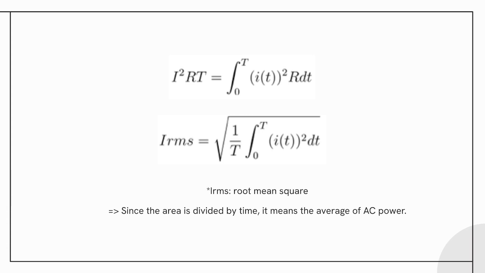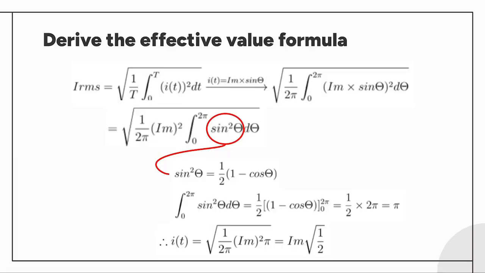RMS means root mean square, which is dividing the area by time, so it means the average of power. If the maximum current of the sine wave of the alternating current circuit is called Im, the equation of the alternating current power is as follows. Therefore, the effective value of the AC power supply is as follows.